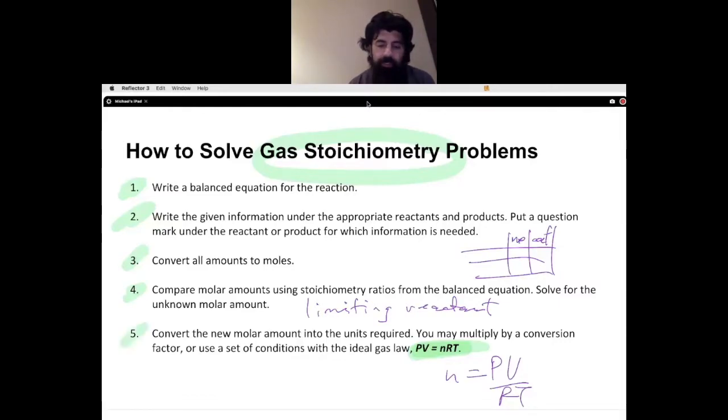And finally, sometimes you might be asked to find the pressure of a gas, the temperature of a gas, or the volume of a gas. Well, in which case, once you find that n value using the table, you can throw that into that formula and calculate either pressure, volume, or lastly, temperature.